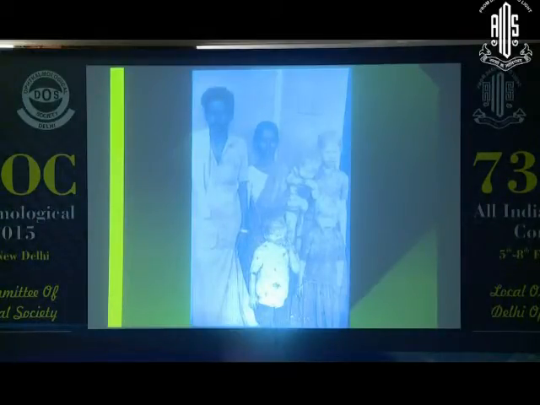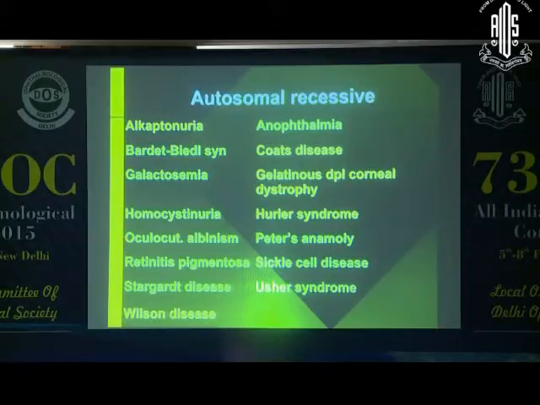Consanguinity is a problem in my part of the world, in southern India, where it's not uncommon to see patients with consanguinity. This is an uncle-niece marriage, and they had 5 children, of whom 4 had oculocutaneous albinism. These are other conditions of autosomal recessive inheritance: Usher, Stargardt, sickle cell, and so on.